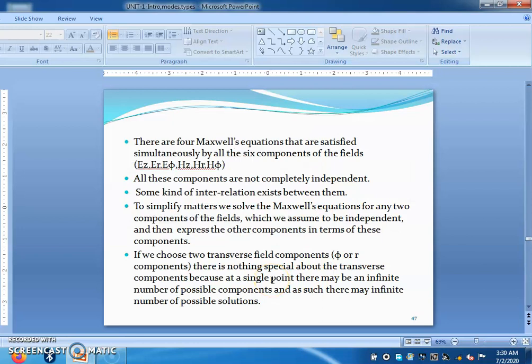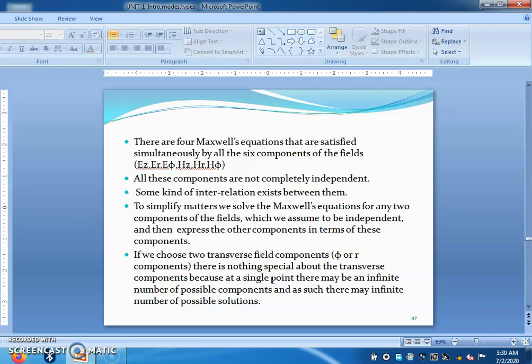So we know there are four Maxwell's equations. These equations have to be satisfied by all the six components of the fields. All the six components are written as Ez, Er, Eψ, Hz, Hr, Hψ. These six components are not completely independent.